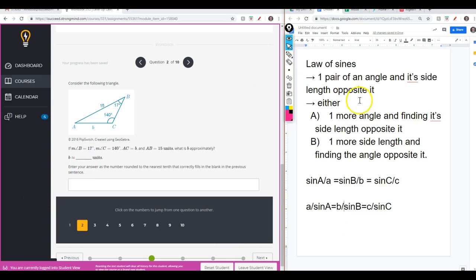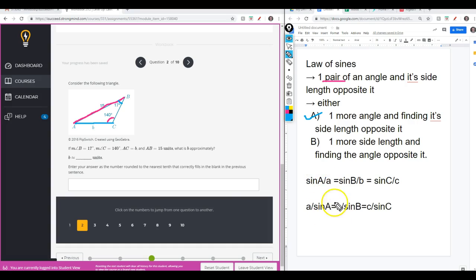So on this, we have the angle 140, so we have this pair of an angle and its side length opposite it, which is 15. And so we have a good setup right there. And then we also have another angle, and we're asking to find its opposite side length.